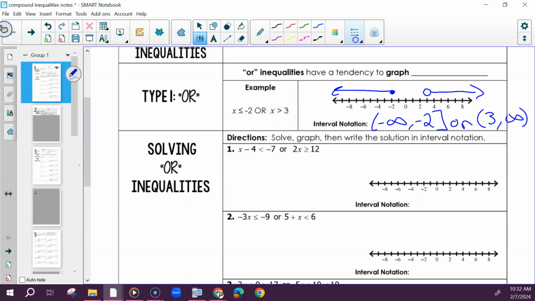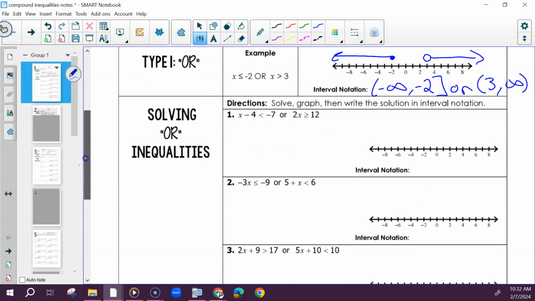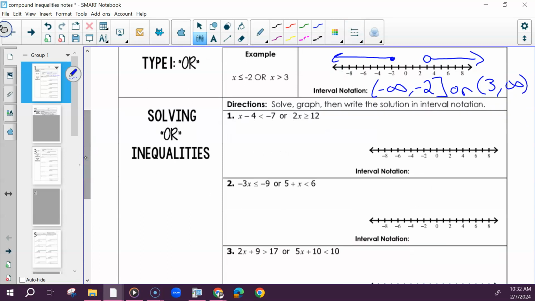Alright, so now we're going to solve some of these and graph and find the interval notation. Solving is just like what we were doing last class, except you're solving these separately. Whatever you do here, you do not do to the other one. Completely two separate inequalities. So for this one, to solve, we would do what? Add 4 to both sides.